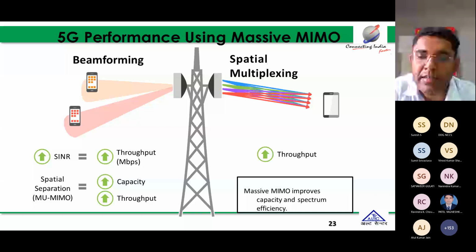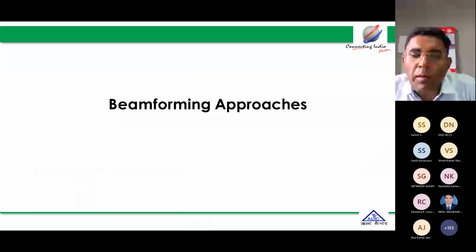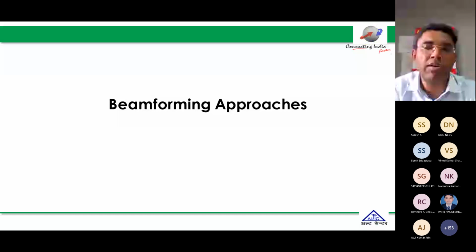Now, beamforming approaches. Approaches means what are the types of beamforming, right? You can see here analog beamforming, digital beamforming and hybrid beamforming. We will discuss each of these in detail over one to two slides.